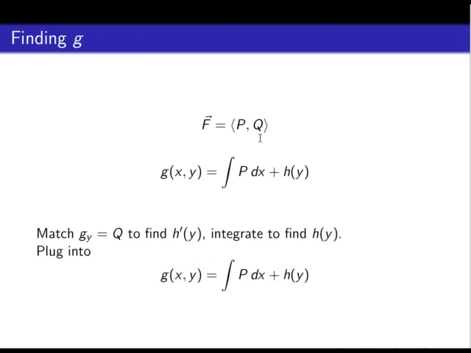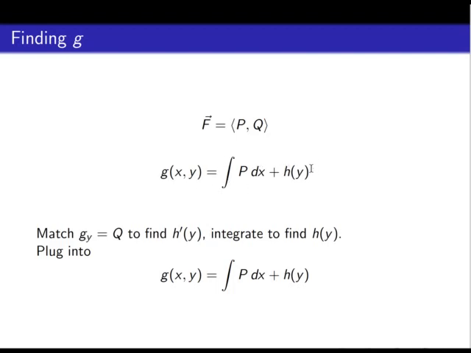How do you find g if this is a conservative vector field? Well, the idea is you take this, you integrate with respect to x, and instead of adding a constant, you add a function of y. So this is integrating, assuming y is a constant, this function. And then I take the partial derivative of this with respect to y, set it equal to this other one, and when I take the partial derivative of this with respect to y, you'll get something here.